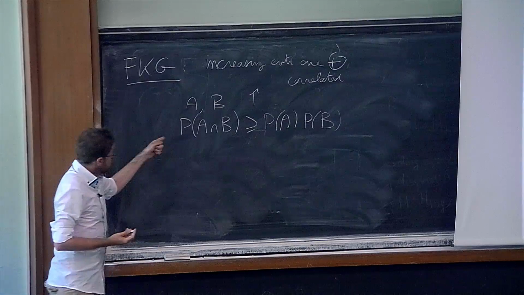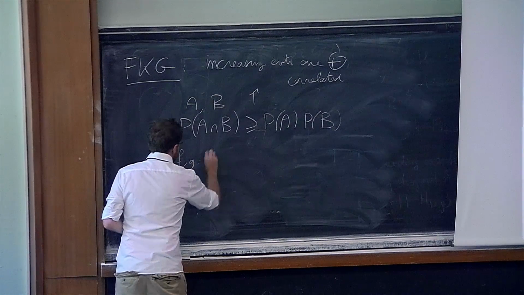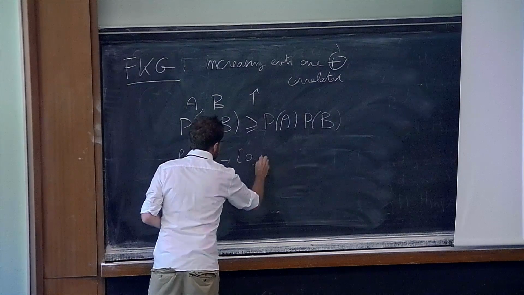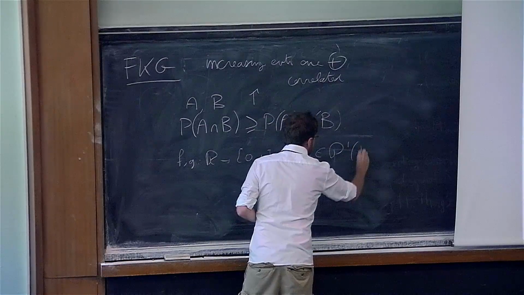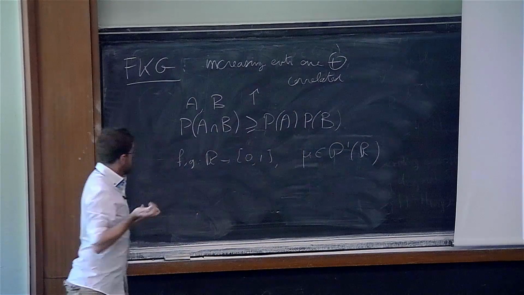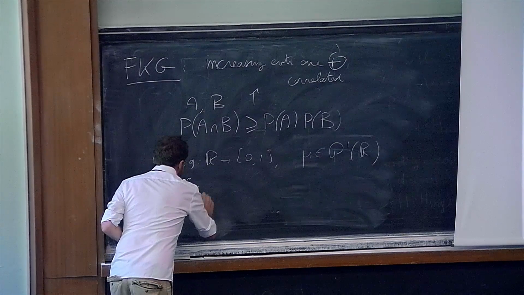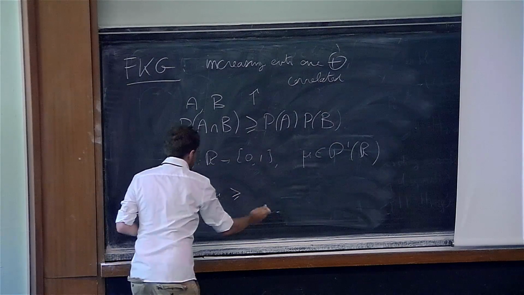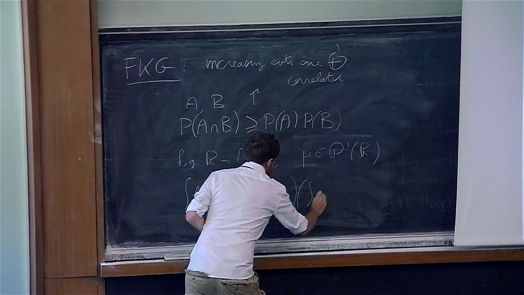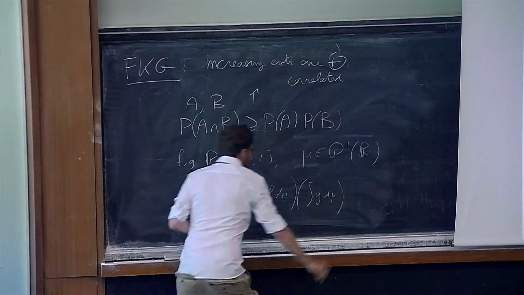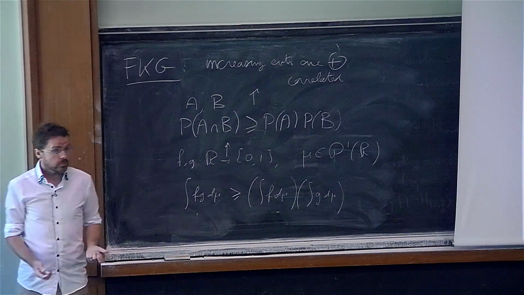And if you have never seen that, there's a nice exercise saying that if you have f and g from R to, say, [0,1], non-decreasing, and mu a probability measure on R, then the integral from minus infinity to plus infinity of fg dmu is bigger than the integral of f dmu times the integral of g dmu.